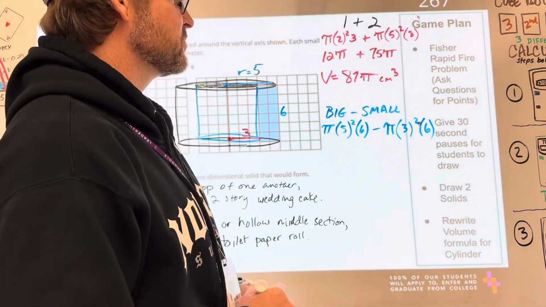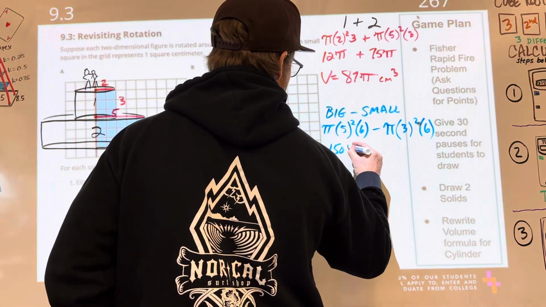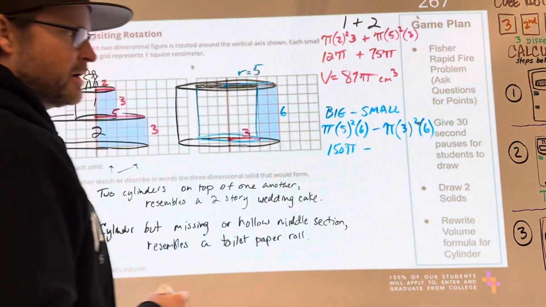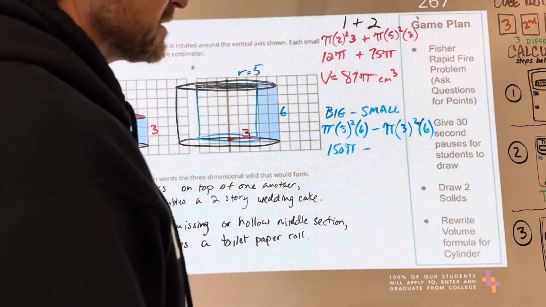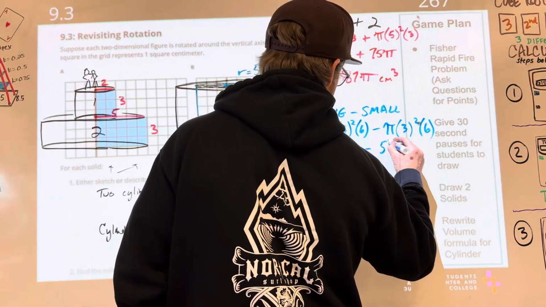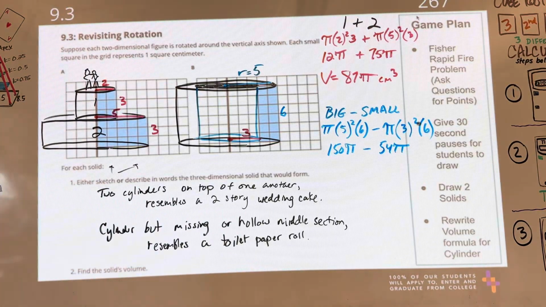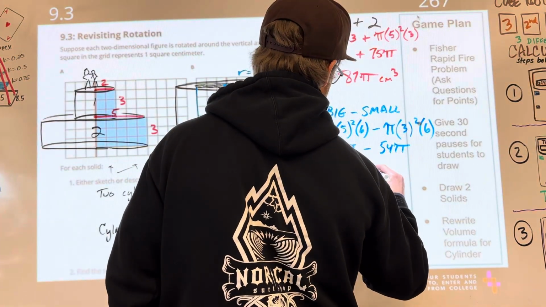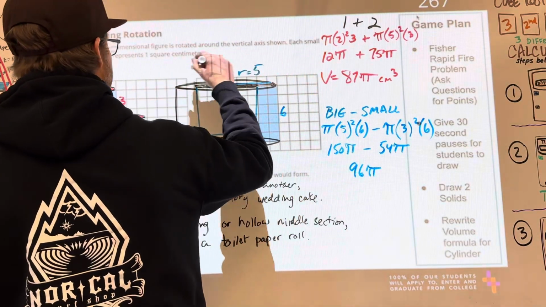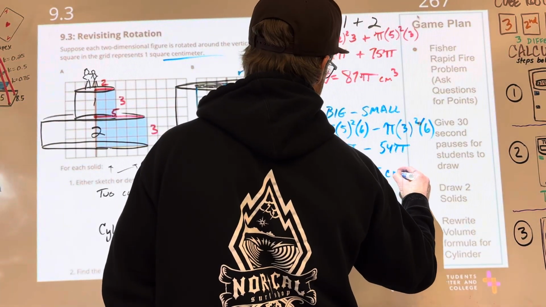5 times 5 is 25 times 6 is 150 pi. So 150 pi minus 3 times 3 is 9 times 6 is 54. Don't forget the pi. So 54 pi. 150 pi minus 54 pi is 96 pi. Now we're talking volume. You gotta say centimeters cubed.